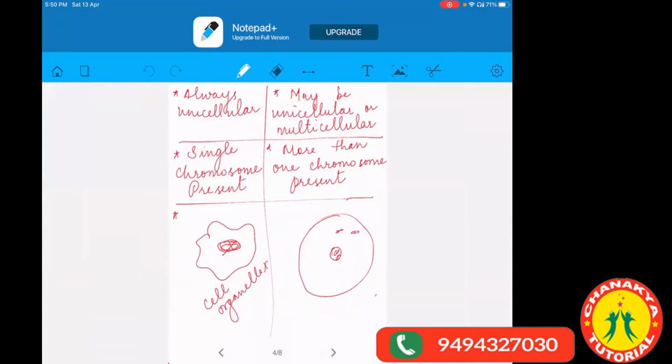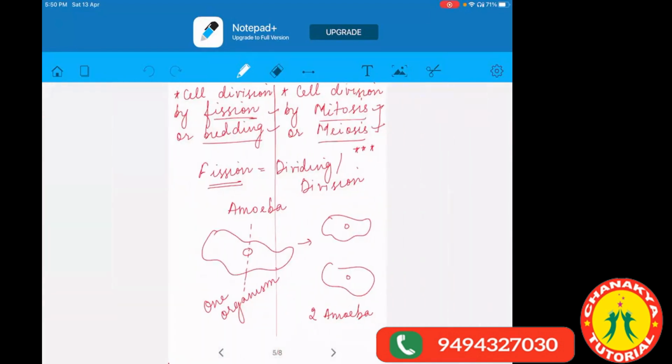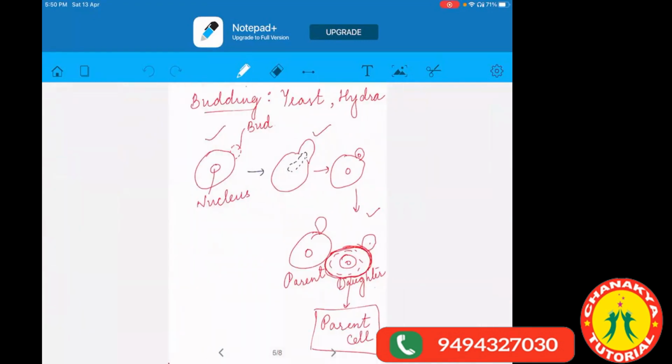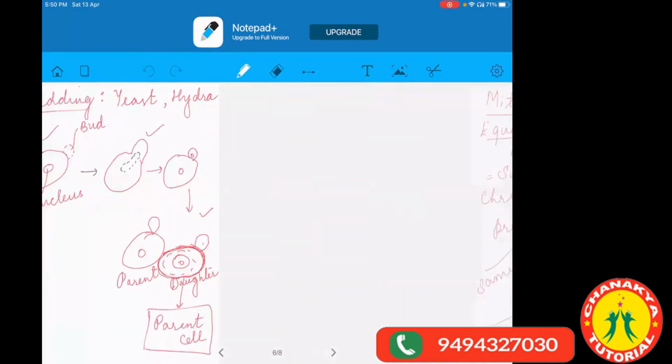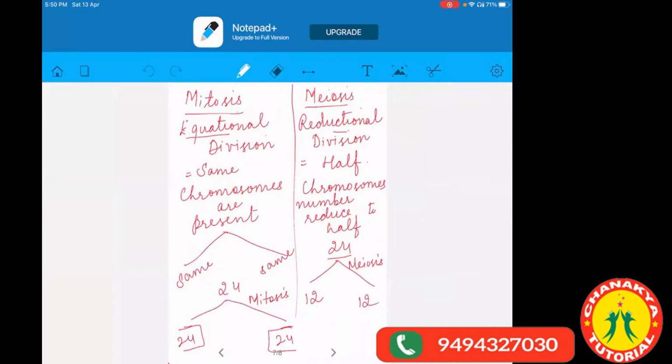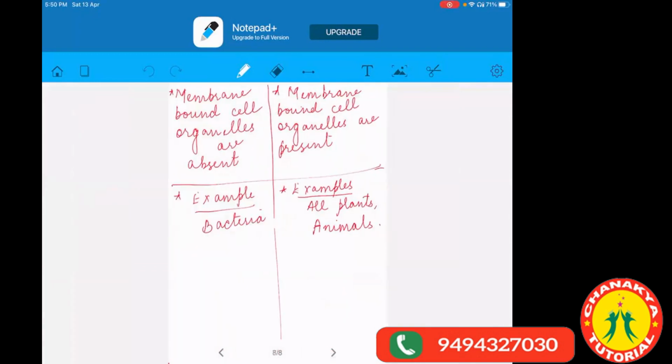All the points you have noted down? Yes, ma'am. Everyone has done it, children? Apart from Rohit. Ma'am, can you move for next? Next means the number of slides. Tell me the number of the slide. Number 7. 7, okay. Oh, ma'am, 8. Ma'am, 1 second. I will note it. Okay, note it down.